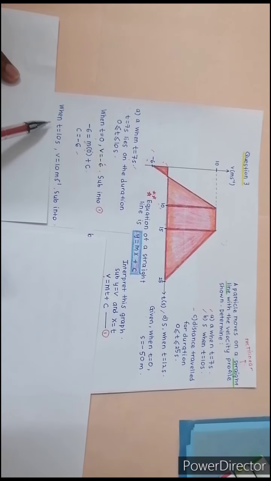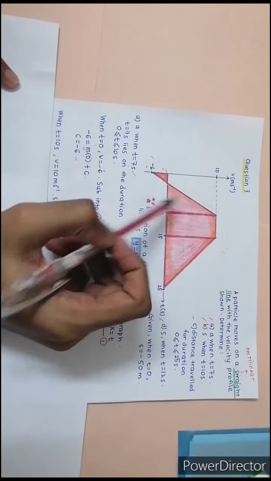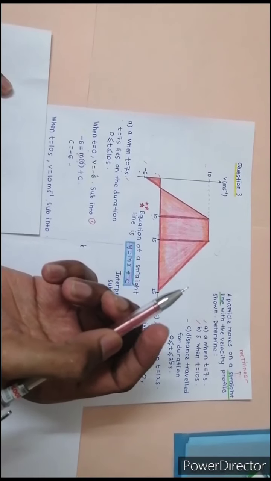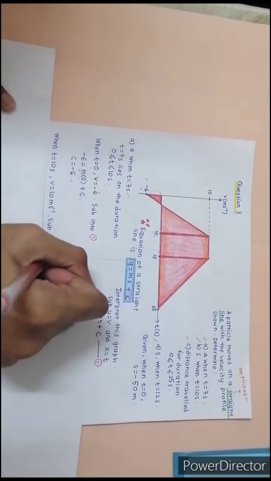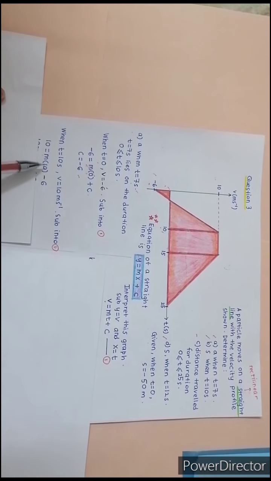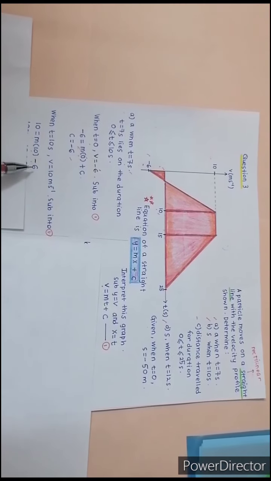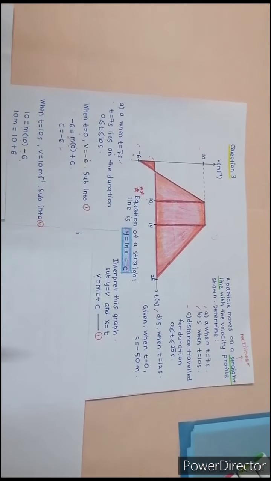When t equals 10 seconds, v equals 10 meters per second. Substituting into equation 1, we get 10 equals m multiplied by 10, minus 6 for c that we found earlier.